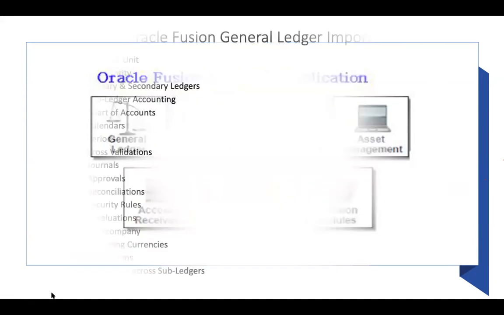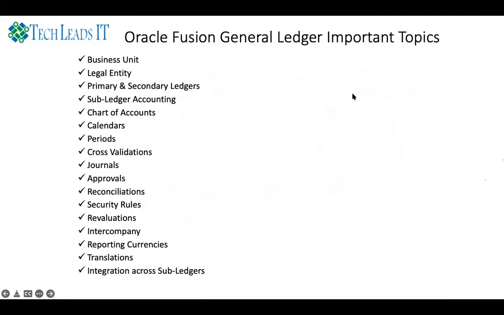When I talk about the general ledger, we start basically to understand what a business unit is, what the organization is, how we are going to define that, and what the ledger will be. Ledger means we are going to set up. We start to understand the business process and analyze the user or organization requirement.